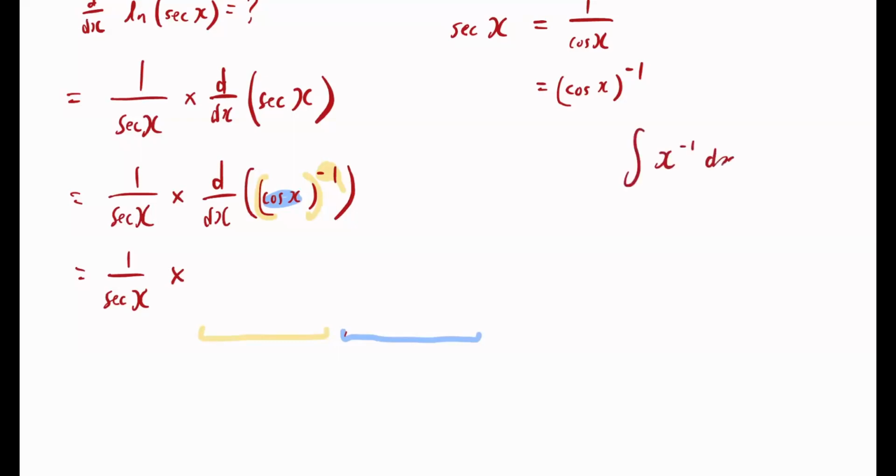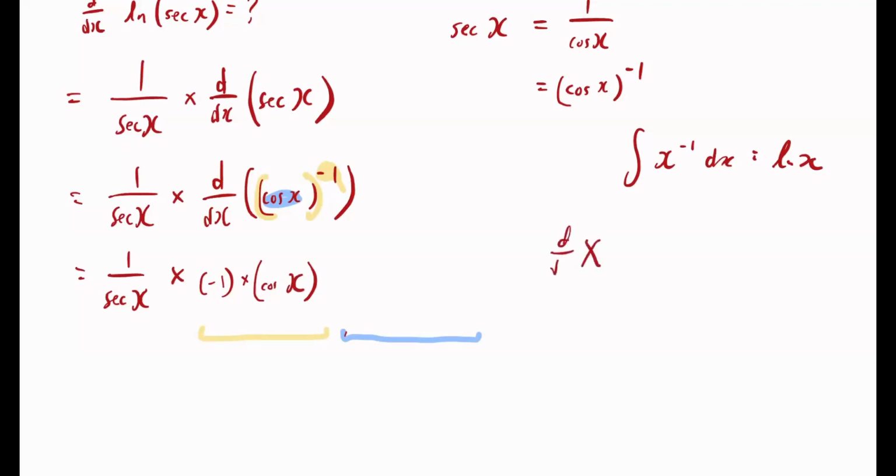Integrate x power -1 dx, you get ln x. Now we are just differentiating. Power rule: it doesn't matter if it's power -1. Bring down the old power, -1, to get the new power.